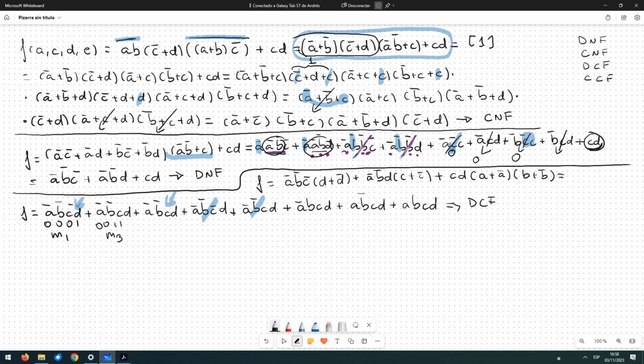I think I forgot one mean term when doing the multiplication. We have this combination as well. Just check it, okay? But I think that we need this one. Yes, it's here. Applying the distributive property here, we have this mean term. So here we have this is okay. This is eliminated.